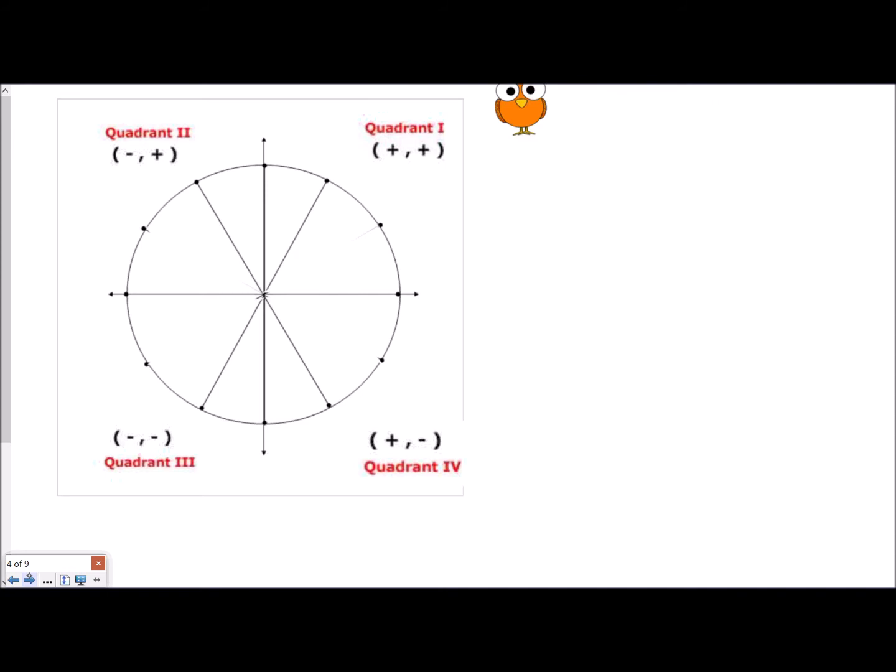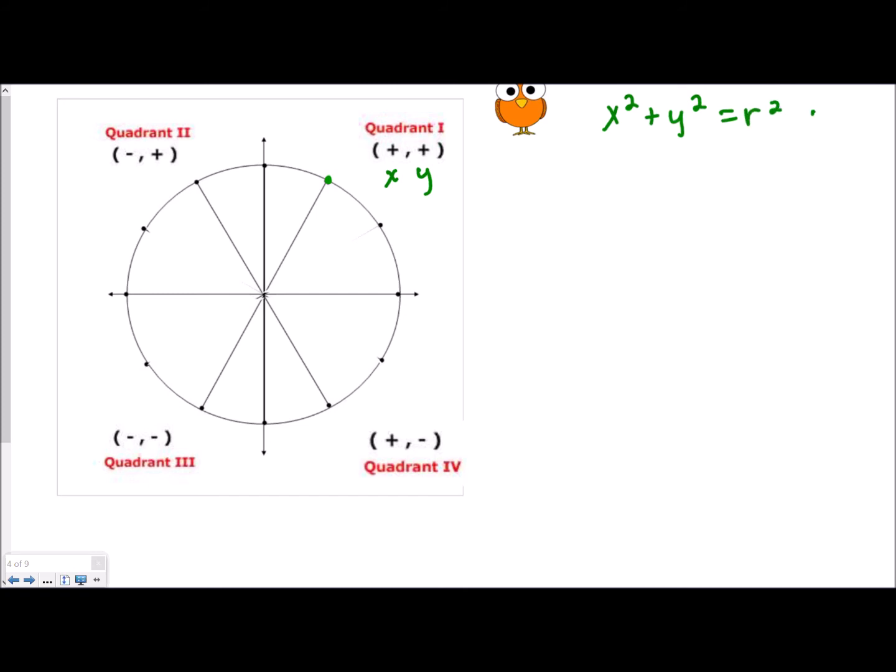So let's look at the quadrants. If I were to pull a point on the terminal side here, the x would be positive and the y would be positive, right? Now we talked about how we have x and y for points. That was part 1 of this. X squared plus y squared equals r squared.